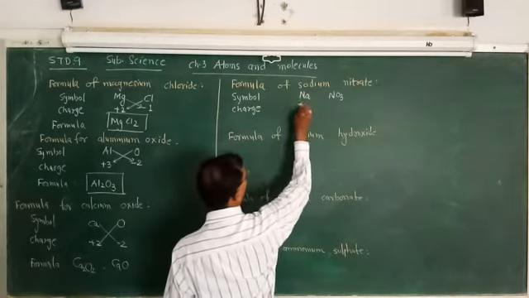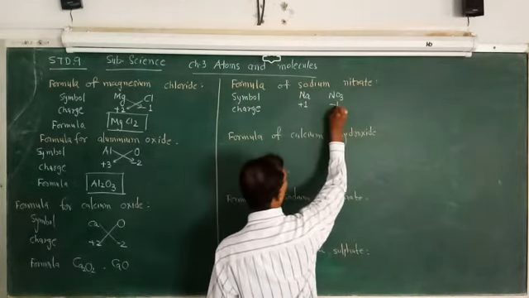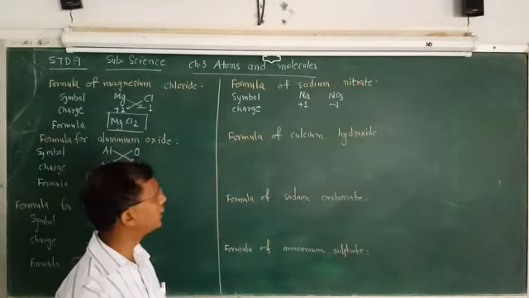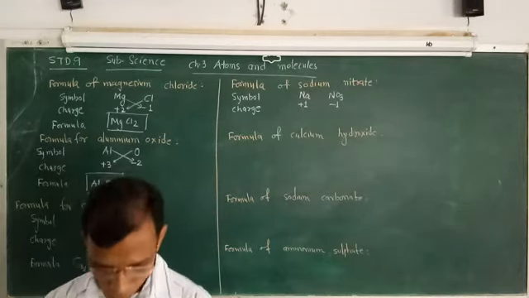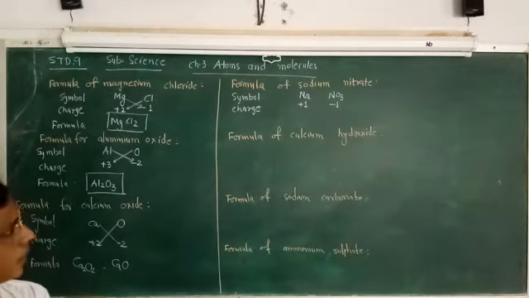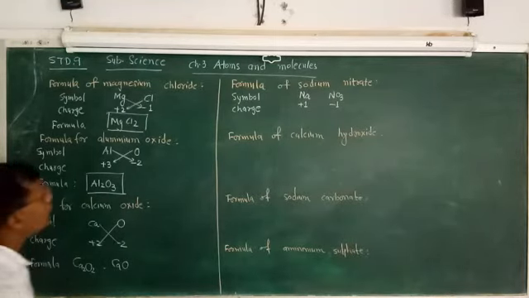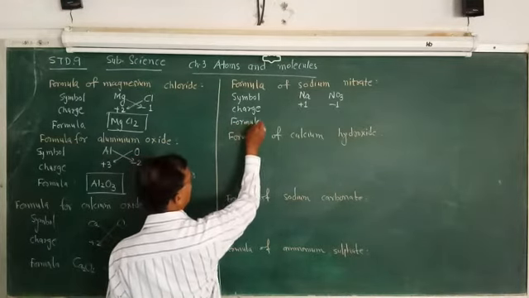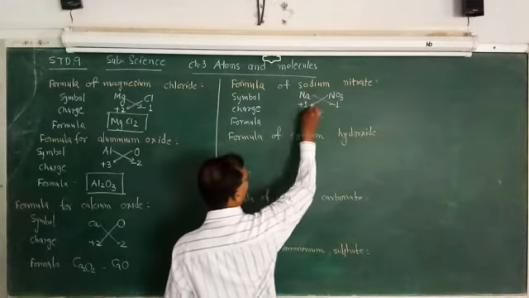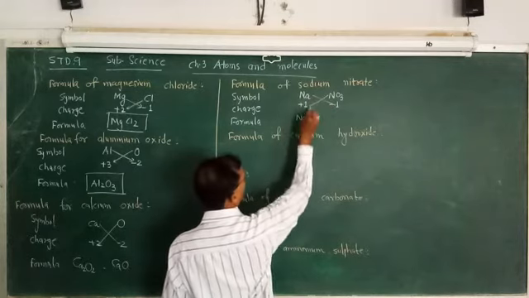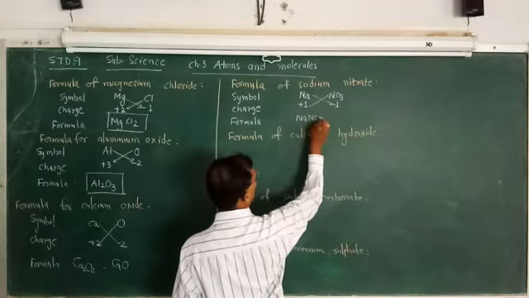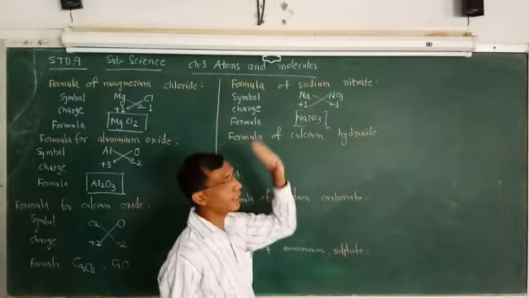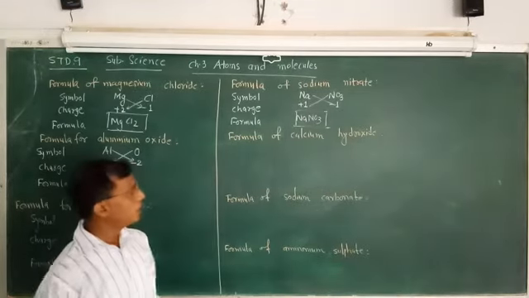Charge of sodium is +1 and charge of nitrate is -1. So we write here the formula of sodium nitrate: NaNO3. Sodium nitrate formula.